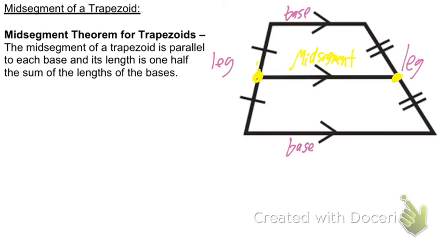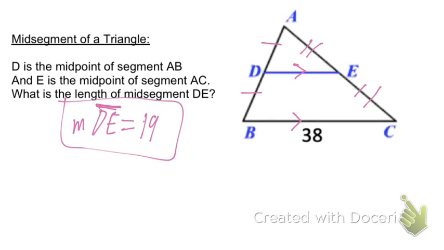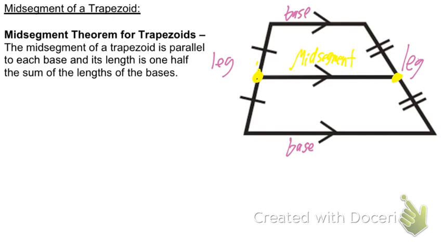Now, the mid-segment theorem for trapezoids. We have the mid-segment theorem for triangles, right? For triangles, recap: parallel to the third side, half the length, right? Okay? For trapezoids, it's parallel to each base, so it's parallel to both these sides. Does that make sense, that it'd be parallel to both sides? If it's parallel to one, it's going to be parallel to both here. So we see that written there with the arrow. And its length is 1/2.